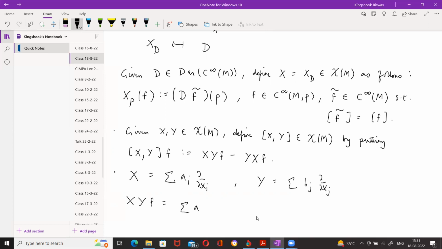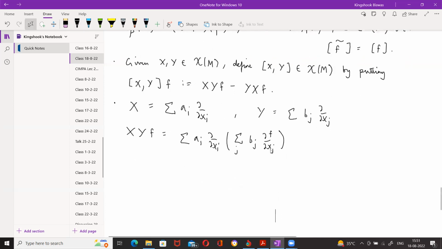So it will be the sum of a_i del/del x_i of the sum over j of b_j del/del x_j, applied to f. Let me look at the highest order term, which will be of degree 2.